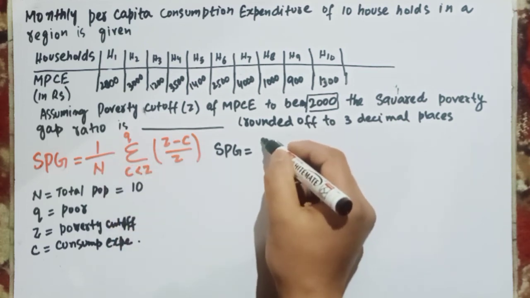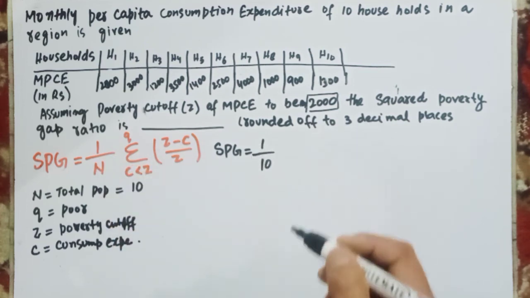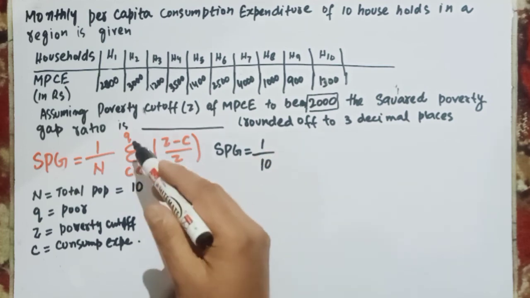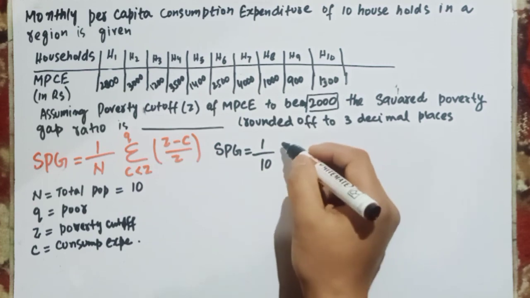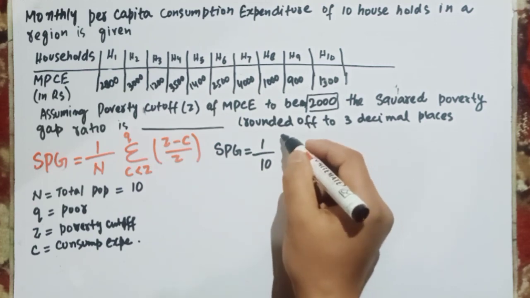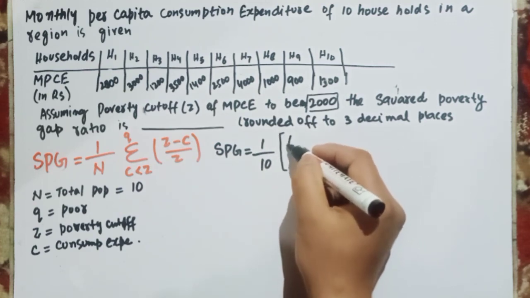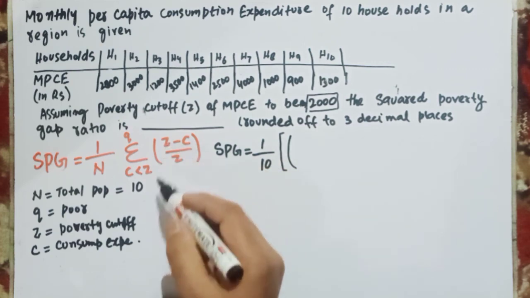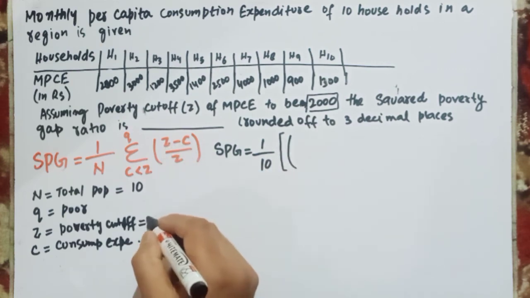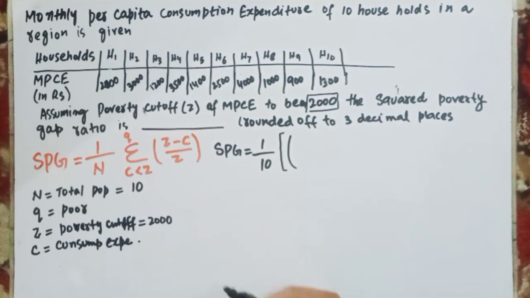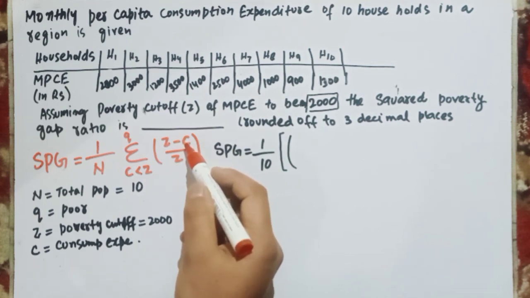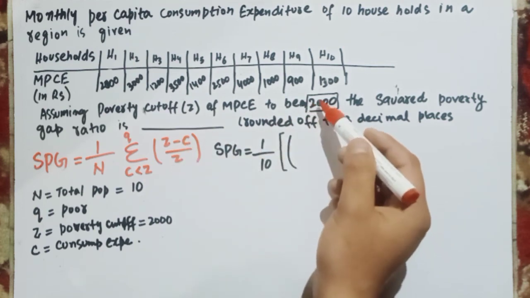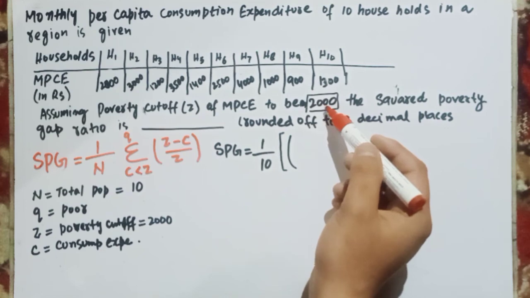we have 1 upon n, that means 1 upon 10. Then the summation over C less than Z, up to Q. So our Z is equal to 2000. C denotes the consumption expenditure of the poor people, and poor people are those whose monthly per capita consumption expenditure is less than 2000.